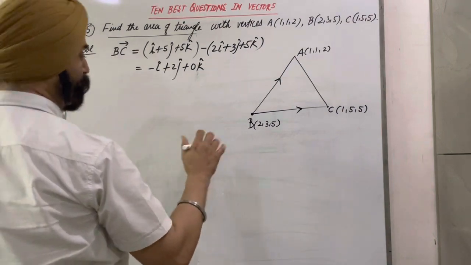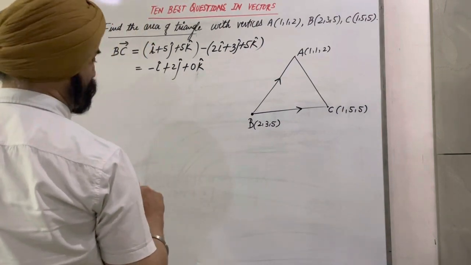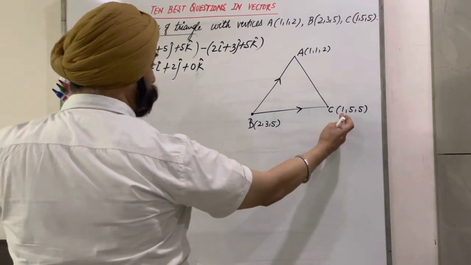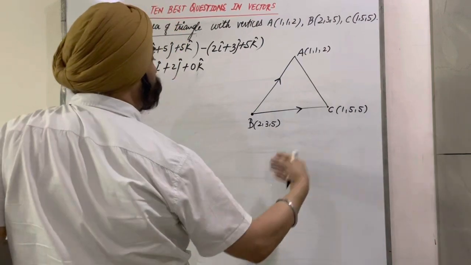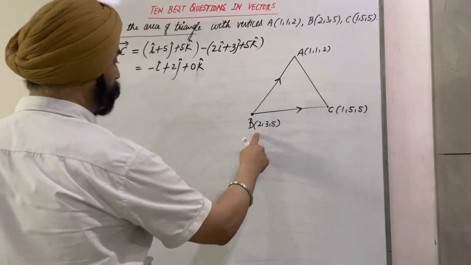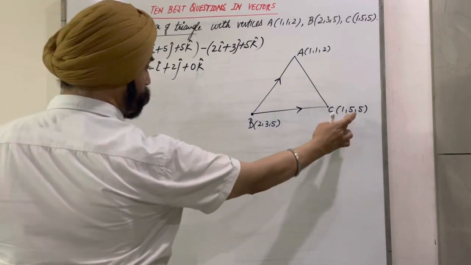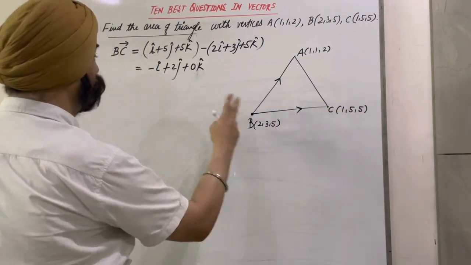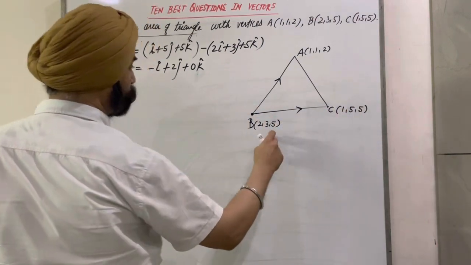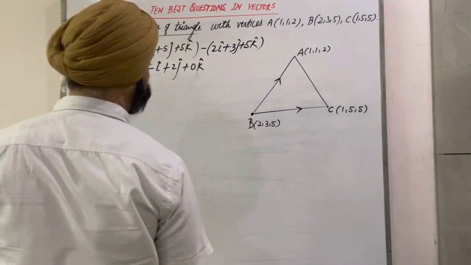So this is how we have generated vector BC. You can do it directly also. We can perform the subtraction in the reverse order. 1 minus 2, which is minus of 1 attached with i, plus 5 minus 3 is 2 attached with j, and 5 minus 5, which is 0 attached with k.